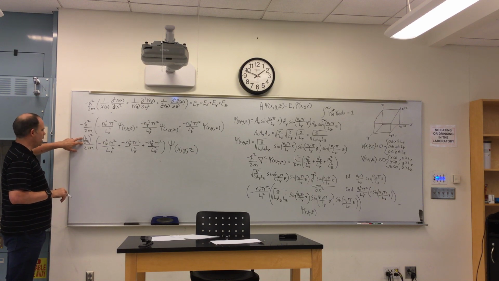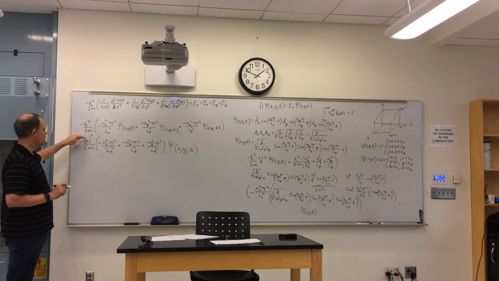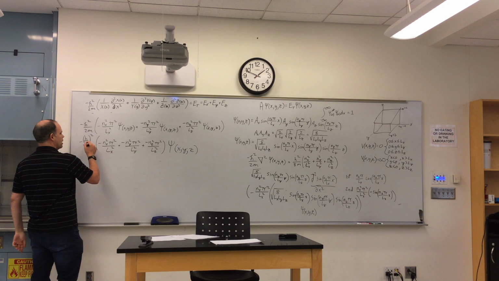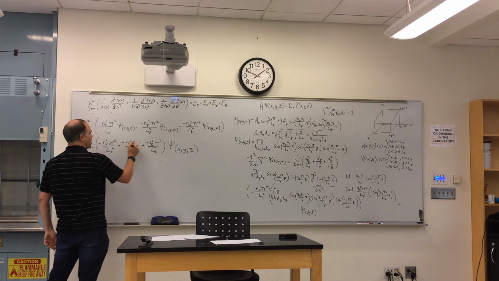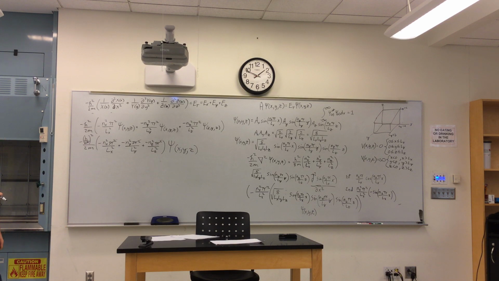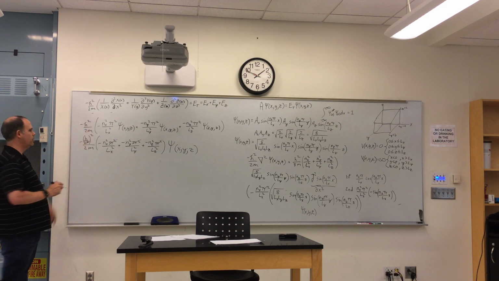Here I have pi in the denominator. Here it's in the numerator. This is essentially h squared over 2 pi squared, and so this pi is going to cancel out each one of those. So I have h over 2 squared.